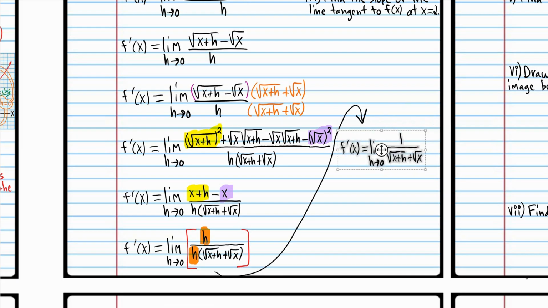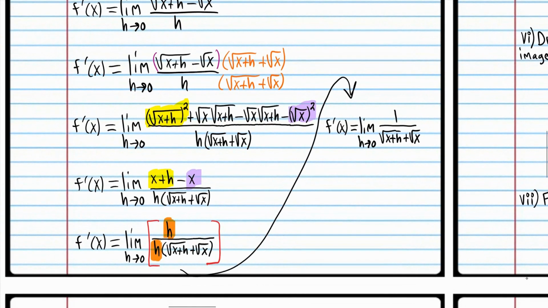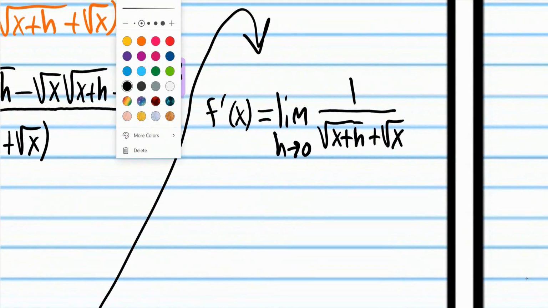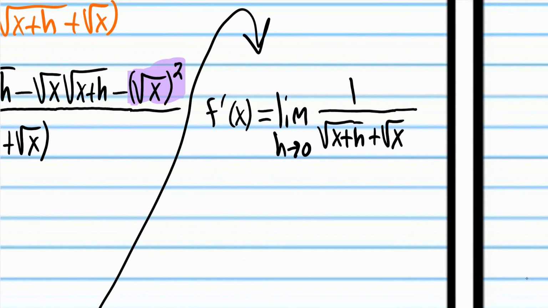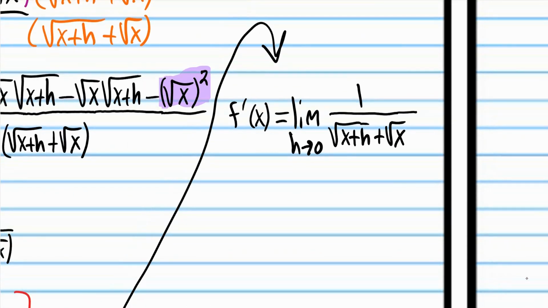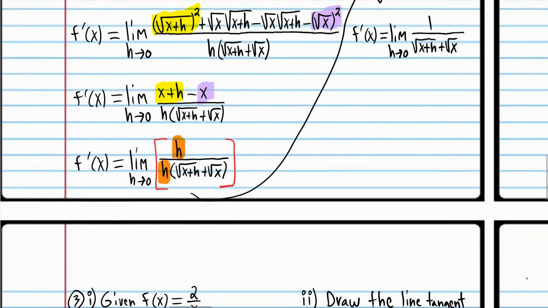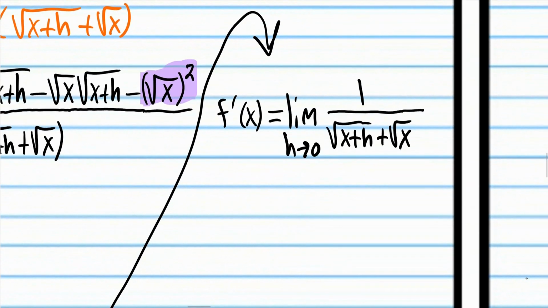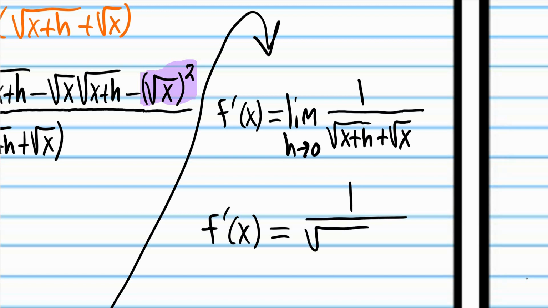So again, the expression is simplifying, and if we allowed h to be 0, that's what we want. We want h to be 0, but over here we would get 0 divided by 0. Now that the h is canceled out, we can let h be 0. And as soon as we do that, the limit notation goes away.